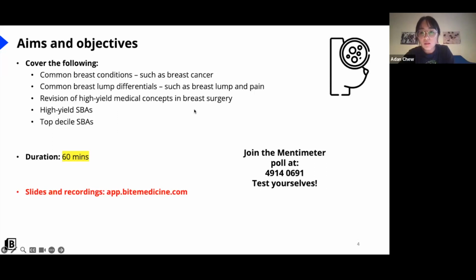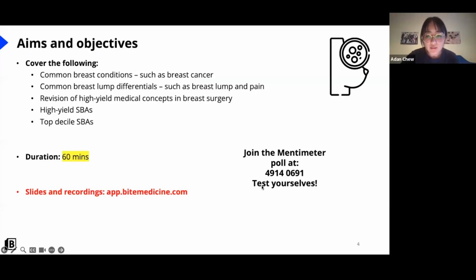Is everyone able to join? Okay, that's fine. I'll just leave the code in the chat so people can join later if needed.